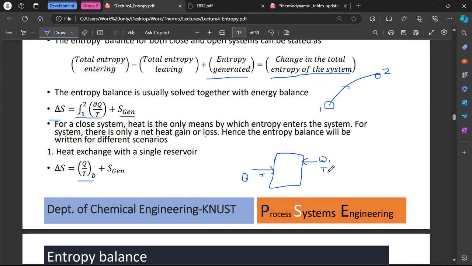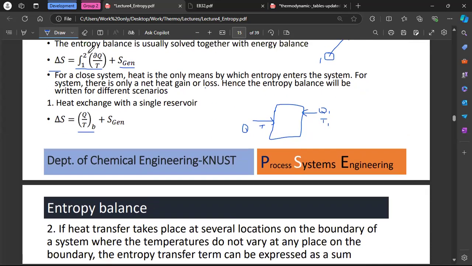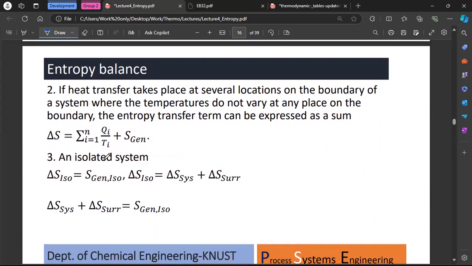All we are saying in effect is that for me to now find this part here, instead of just doing Q over T, once I have multiple locations, it will be Q over T plus Q1 over T1. That's what we are trying to say by this over here. So if we have different locations on the boundary where we can have heat being transferred, then we can use that expression.